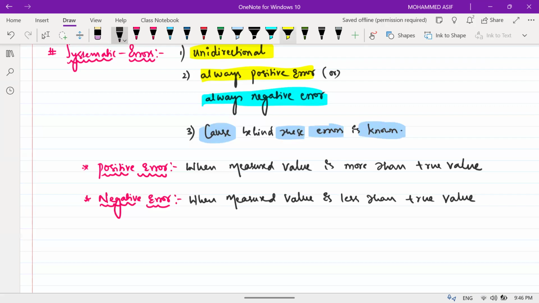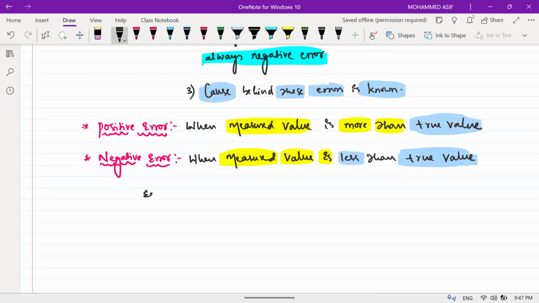So what do you mean by positive error? When the measured value is more than the true value. In the same way, when the measured value is less than the true value, that is called a negative error. Am I clear?